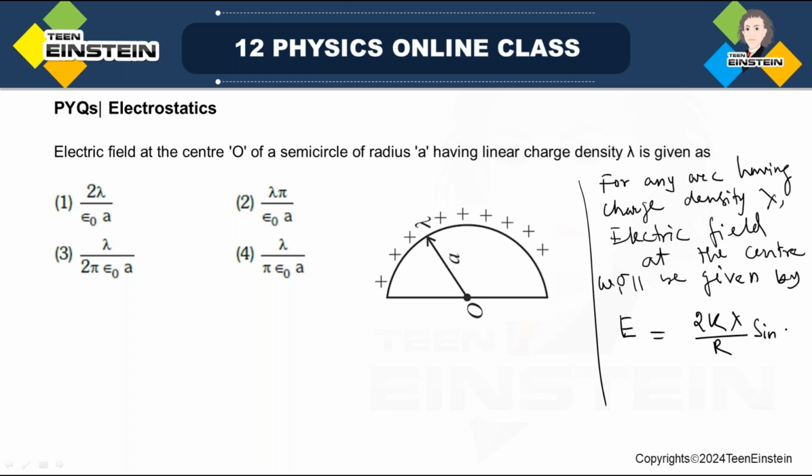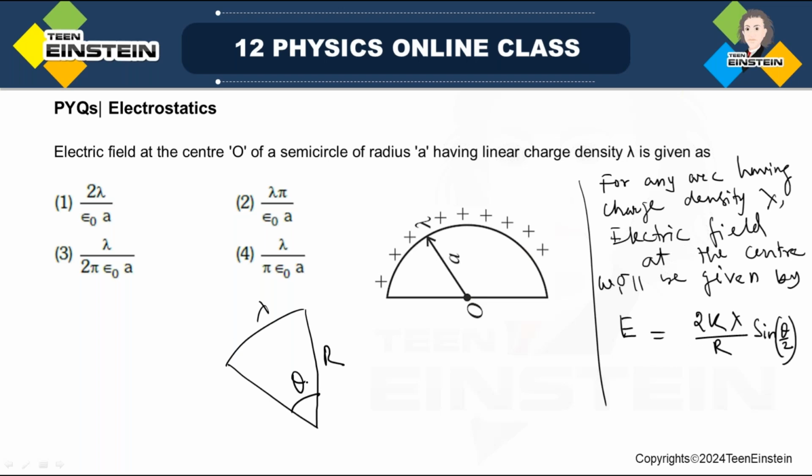Angle subtended by the arc at the center, suppose that is theta, divided by 2. Let me give you a simple example. Suppose there is an arc like this, some arc. So this radius is r and this angle is theta. Suppose lambda is the charge density.